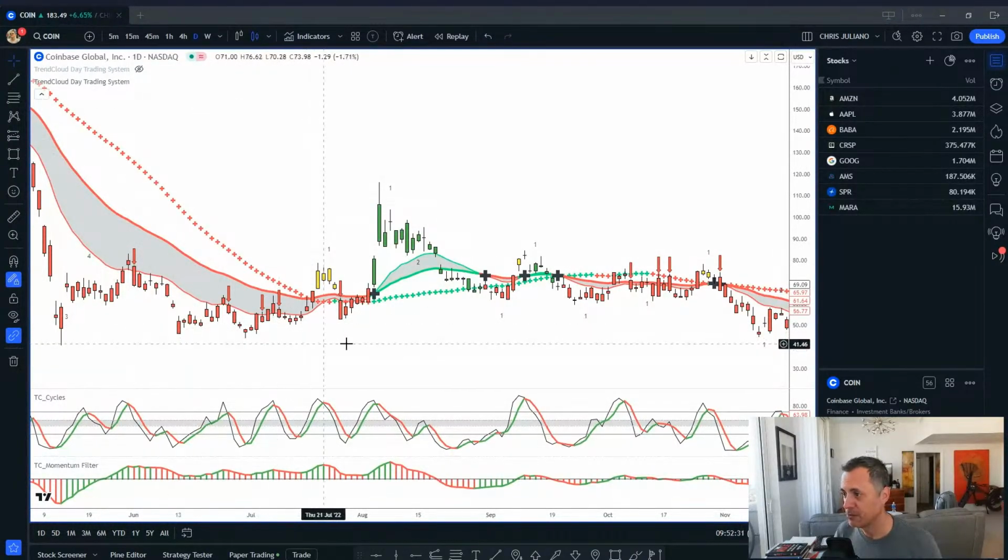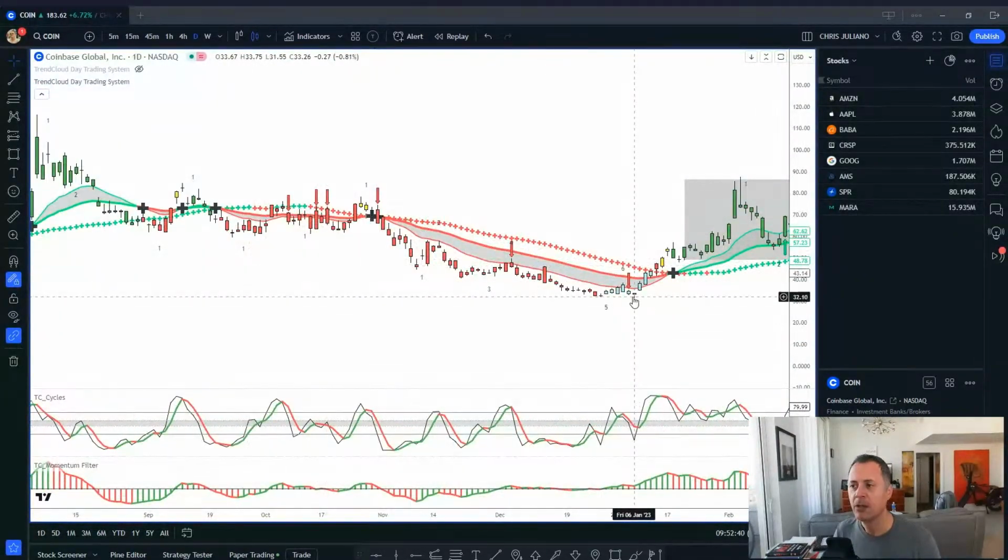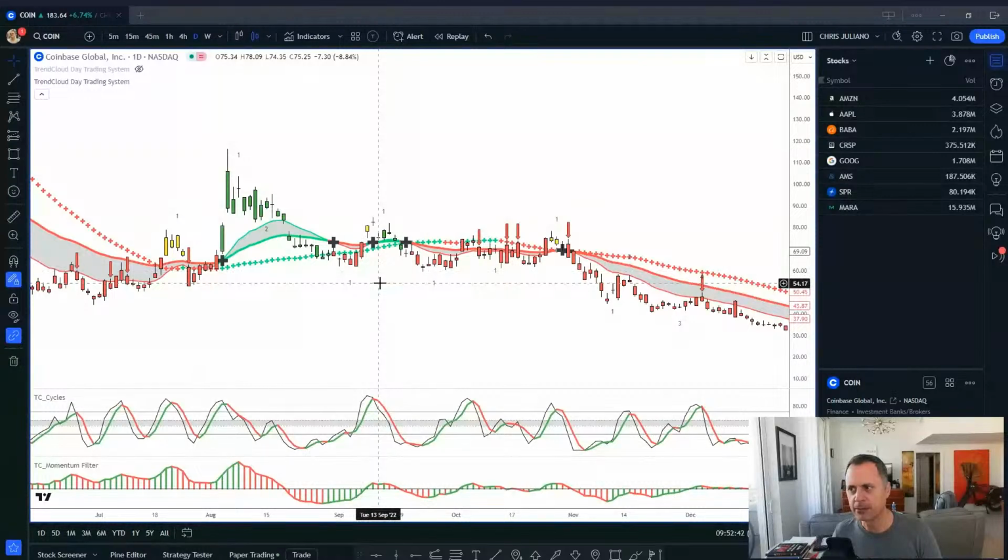Down, down, down. Here's the crossover, buying opportunity. Then it pulled back and went sideways, and then it went down a little bit. But we believe in the company. You can see it doesn't crash. It does pull back. It's not like trading, guys.